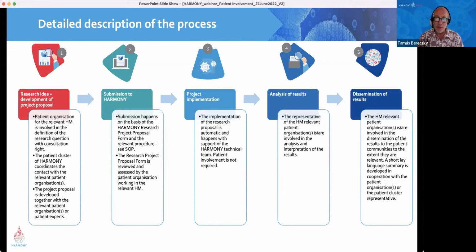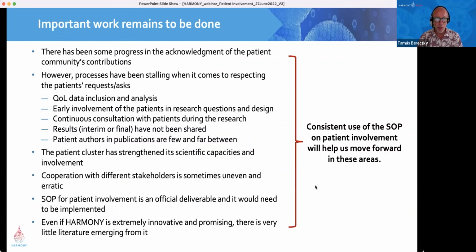And last but not least, if there's a lay language summary attached to your research paper that was co-developed with representatives of the patient community, these factors will improve your chances for getting published. And also they are increasingly being required by scientific journals, even big ones like the BMJ or any journal by Frontiers, the publishing house.